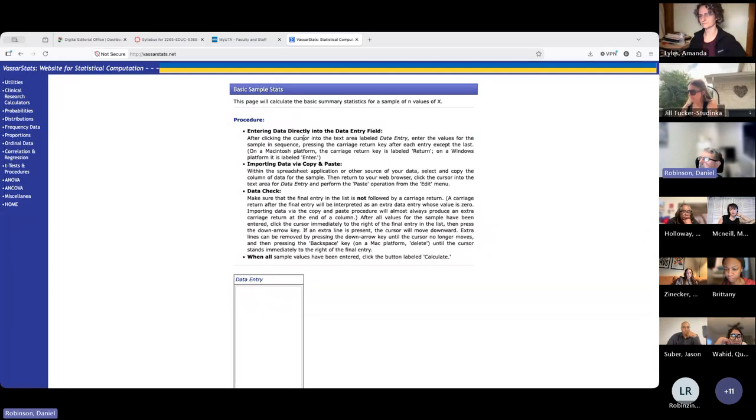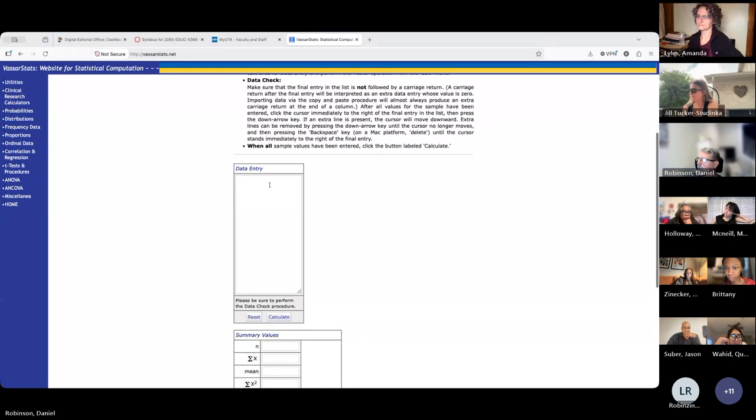I'll click on Basic Sample Stats, and I'm going to enter those same original 6 scores that I had at the beginning: 2, 4, 4, 5, 7, and 8. Now, it's important here: if I hit return another time, VassarStats thinks I've got 7 scores instead of 6.